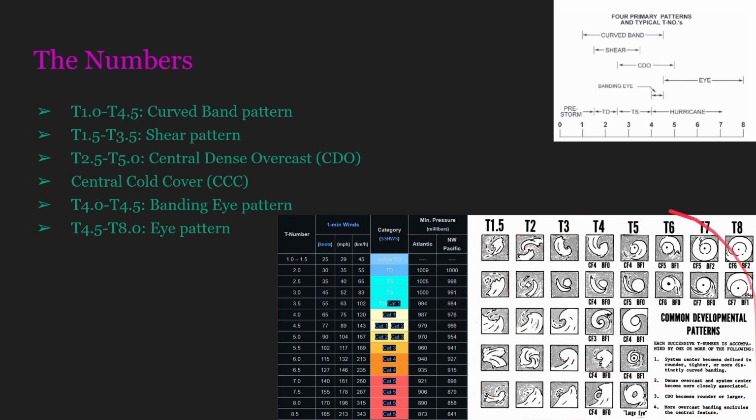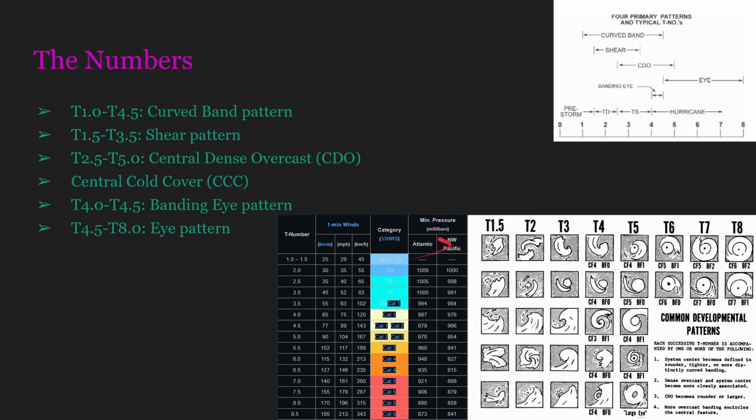This is seen here in this graph, and you'll be seeing this chart for every single slide from here on out. We also see here we have our T numbers down here. This is taken from Wikipedia, very thankfully they have this. And 1 minute wind speeds down here, the categories right in the middle, and then the pressures.